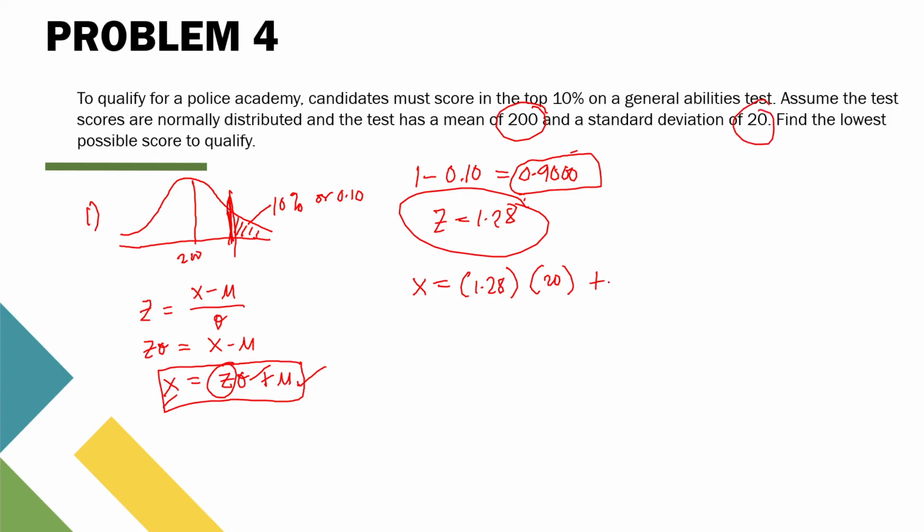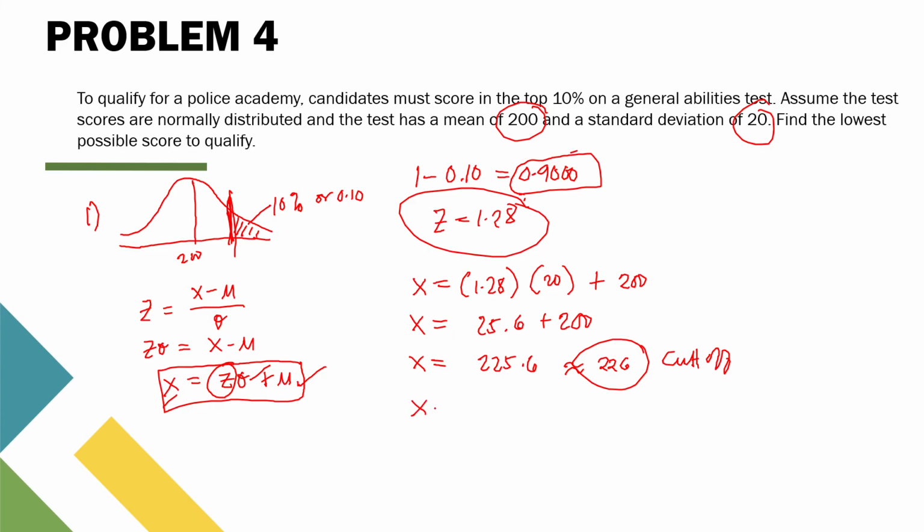So x is equal to 25.6 plus 200, so x is equal to 225.6. Since we need to get the cutoff score, approximately 226 would be the cutoff score.